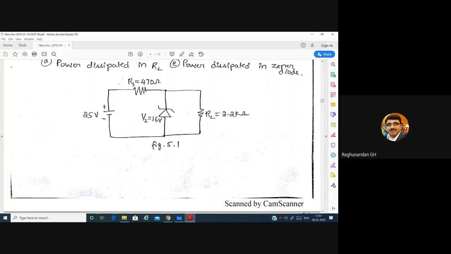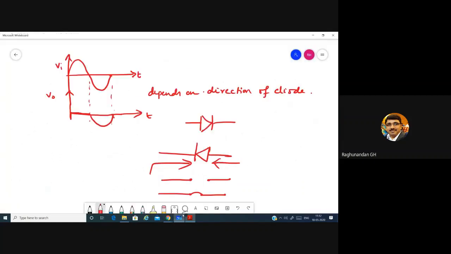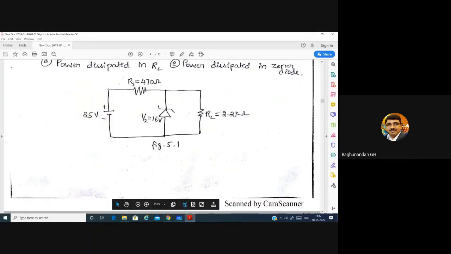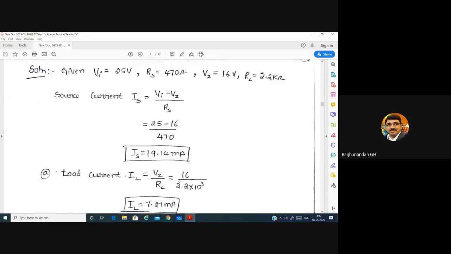So the current through Rs is Is equal to Vi minus Vz divided by Rs, because voltage is the potential difference between the two terminals. The difference between these two voltages will appear across this resistance and current through this will be Is. So substitute it and you will get the answer.